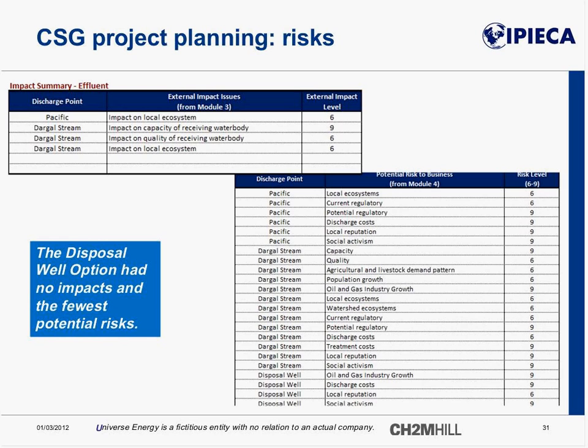And anytime you have a difference in quality, it's going to have an impact on the local ecosystem. Even if you're discharging colder water or cleaner water, it will have an impact, and that would be a risk.